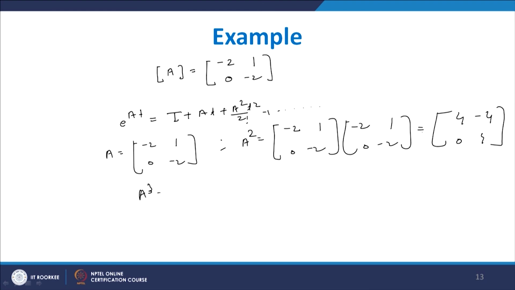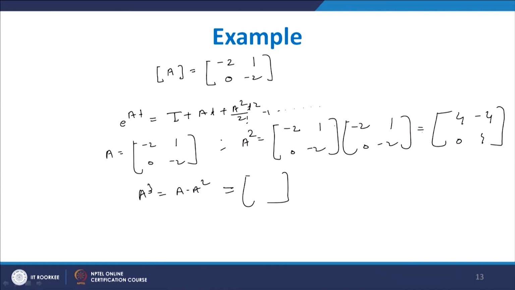Similarly, you can get A cube equals A into A square. So, we have to solve, you will get some values, and finally, you have to replace in these particular equations. So, you will find that there are some terms. Everywhere these terms are added, and finally, you get e raised to at as e raised to minus 2t, t into e raised to minus 2t, 0, e raised to minus 2t. That means, what you do?